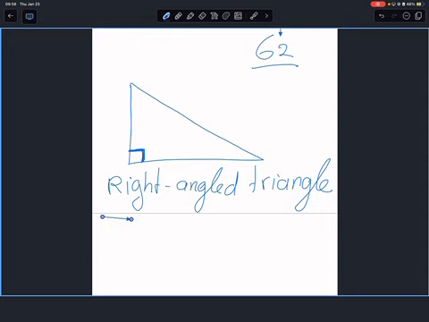A right-angled triangle has one angle that's 90 degrees.